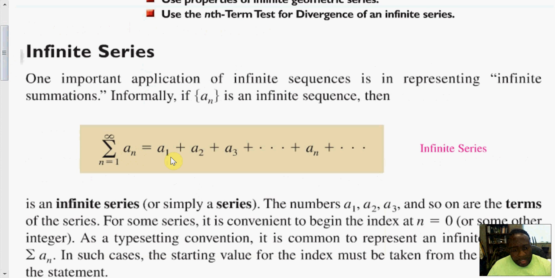And so obviously the end result of the series is a little bit different than the end result of individual terms, as in the discussion for a sequence. When you add up all of those terms, the outcome is totally different. So here, the series is said to be the summation of a sequence.